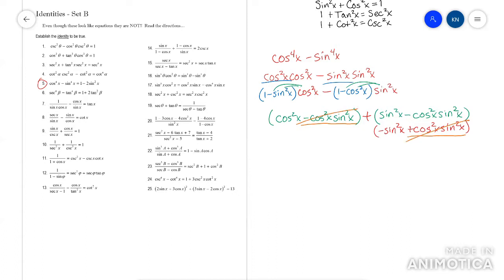And it's going to leave you with cosine squared minus sine squared. And once you get here, you need to use that rule number 1 again and change cosine squared to be 1 minus sine squared. So it looks like this, and that's 1 minus 2 sine squared, which is what they wanted.